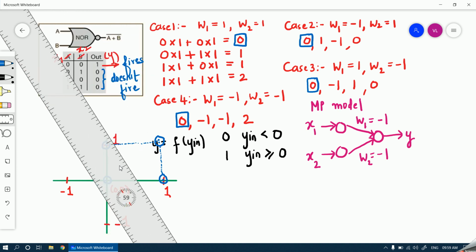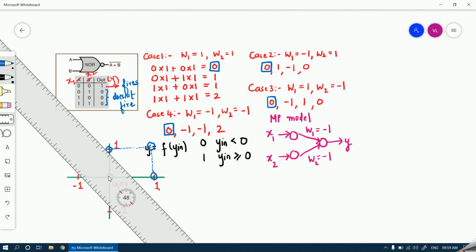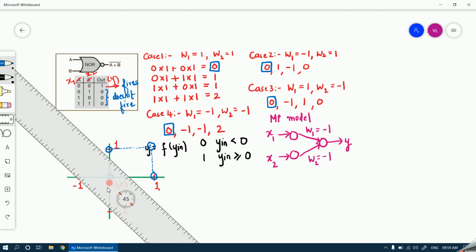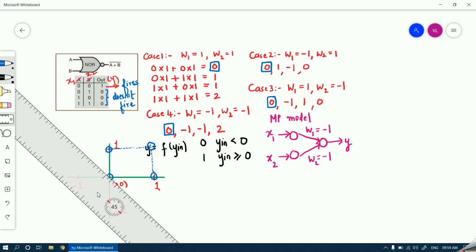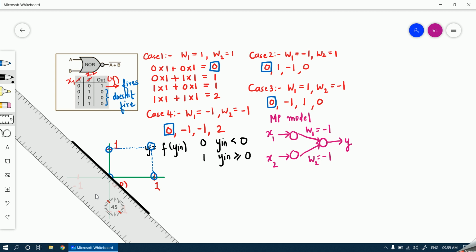So we will be drawing a 45-degree line at point 0, 0. If it had been on any other point like 0, 1, 1, 0 or 1, 1, then at that particular point you would have drawn a 45-degree line. Since we are getting 0, 0, we will be drawing a 45-degree line which is basically separating the points.